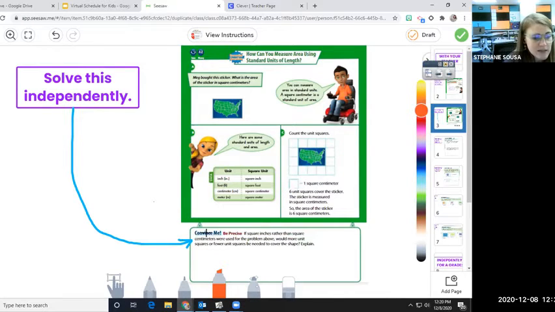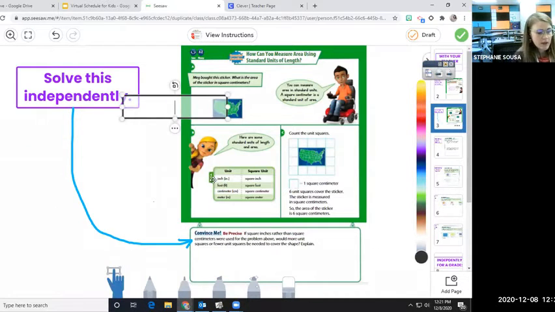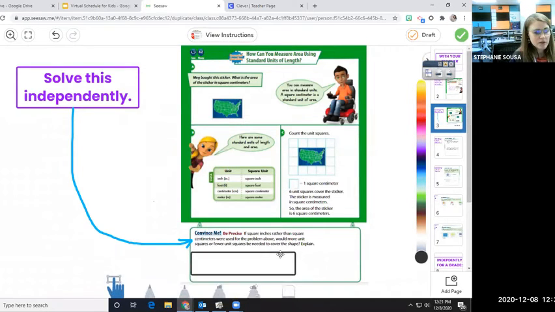Down here it says, if square inches rather than square centimeters were used for the problem of the above, would more unit squares or fewer unit squares be needed to cover the shape? Let's get our typing tool ready. We know that inches are bigger than centimeters.